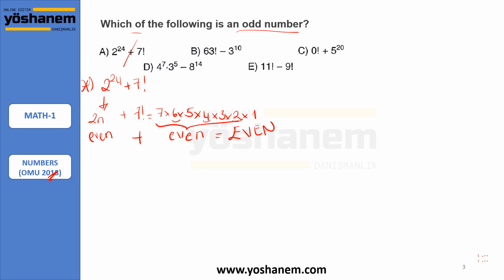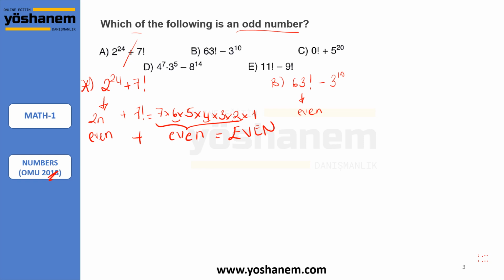So B, it says 63 factorial minus 3 power of 10. It's also even because, like 7 factorial, there are too many even numbers in that multiplication, and the result will be an even number.